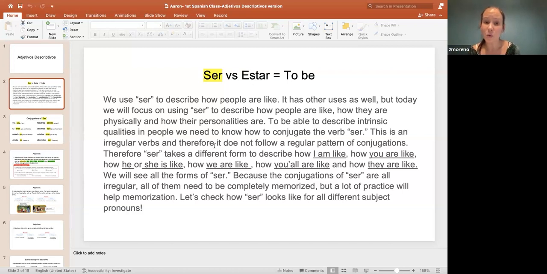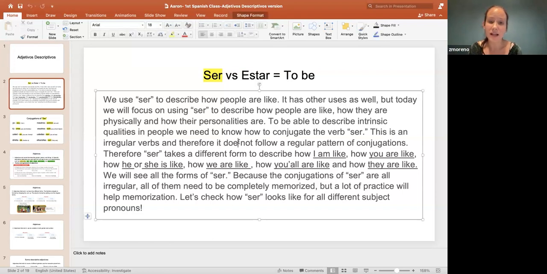But ser is what we call an irregular verb. And so, there's a typo there, it does not follow a regular pattern of conjugations. Usually in Spanish, if you have this type of verb, it looks the same ending. You drop the last two letters and you add the same ending, right? For each of the conjugations, for each of the pronouns, for yo, which is I, for tú, which is you.